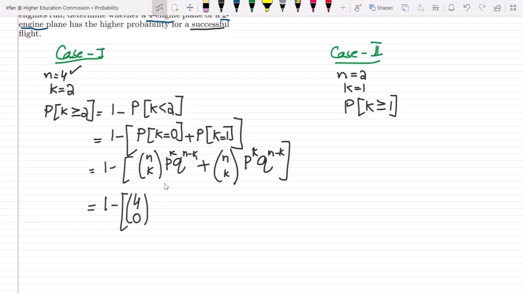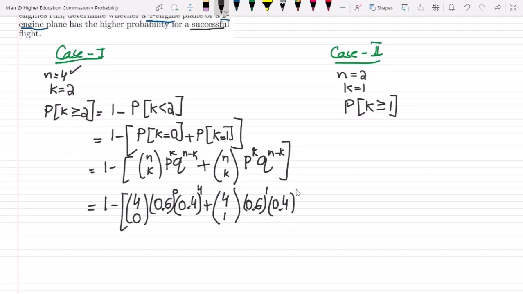The probability of success is 0.6 raised to power 0, and q is 0.4 raised to power 4. Similarly, 4 choose 1, with 0.6 raised to power 1 and 0.4 cubed.